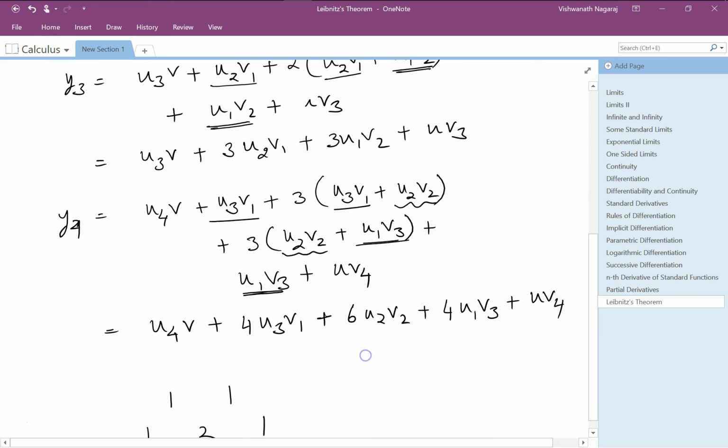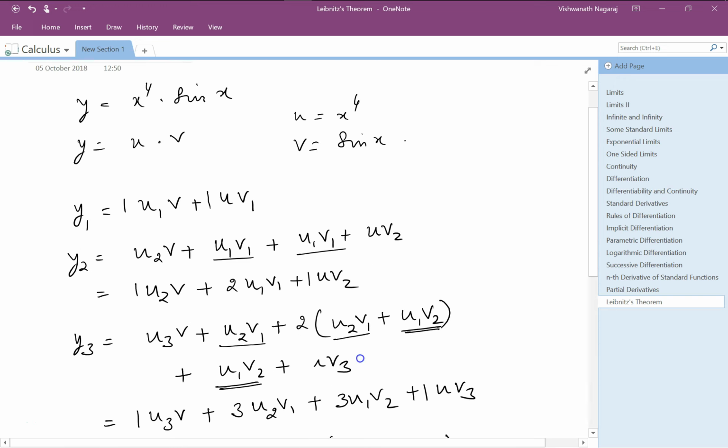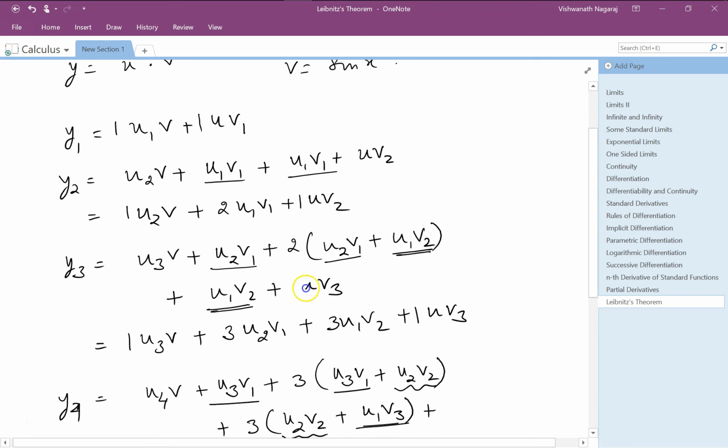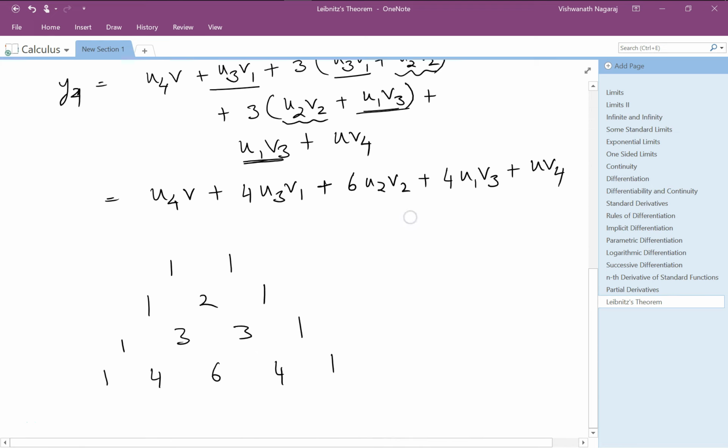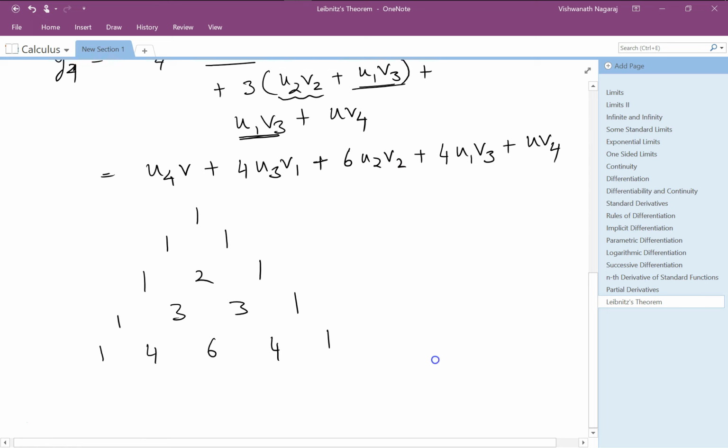In y3, 1, 3, 3, 1. In the fourth derivative, we have 1, 4, 6, 4, 1. And in the function itself, that is y, we can take the coefficient as 1, because we can always multiply it with 1.